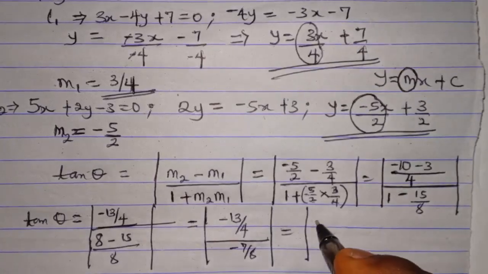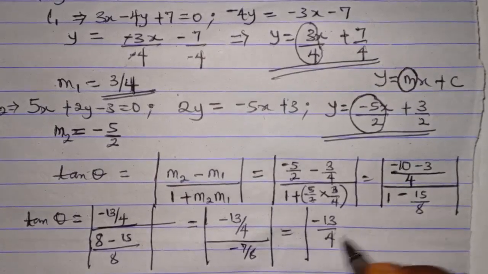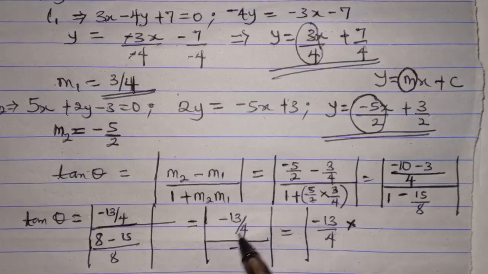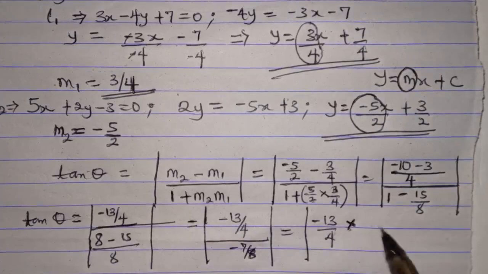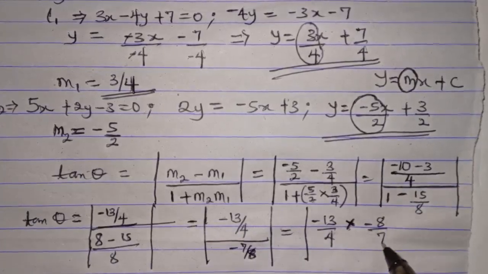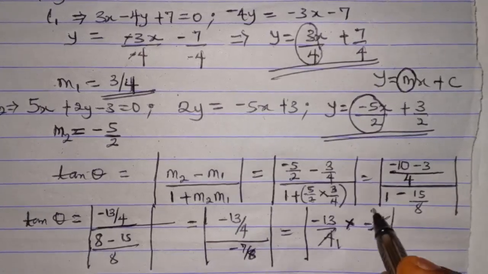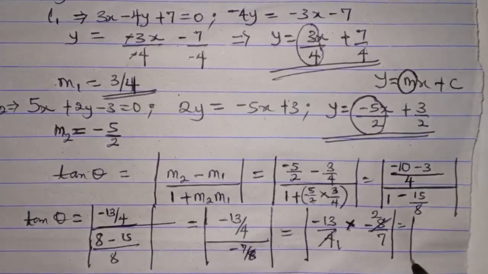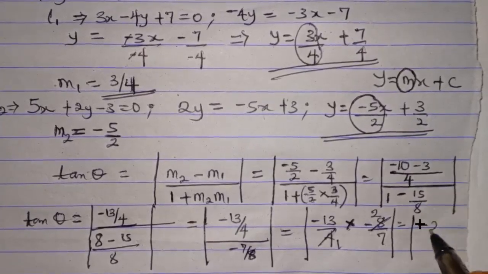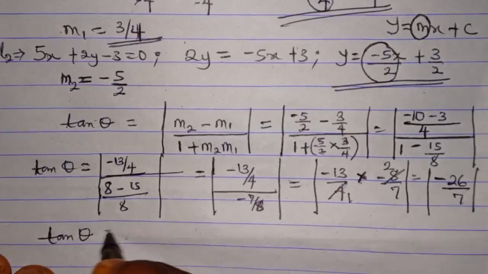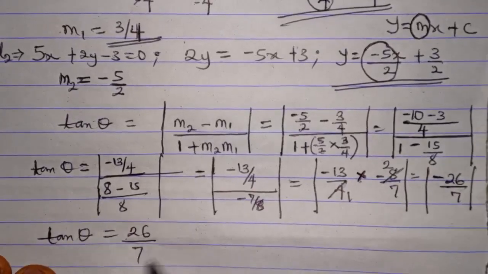So this is simply minus 13 over 4 divided by minus 7 over 8. If I use times, it will now be minus 13 over 4 times 8 over minus 7. So we have the modulus of 26 over 7. Tan theta is equal to 26 over 7.